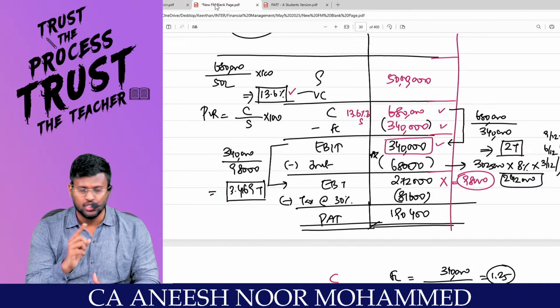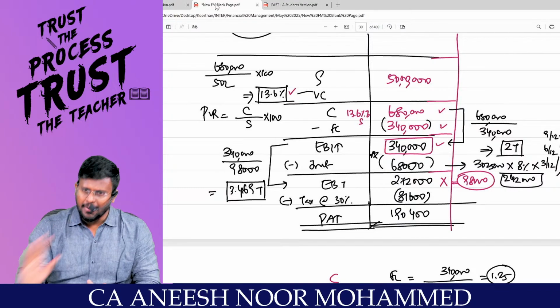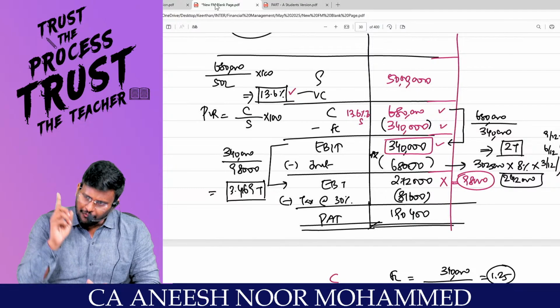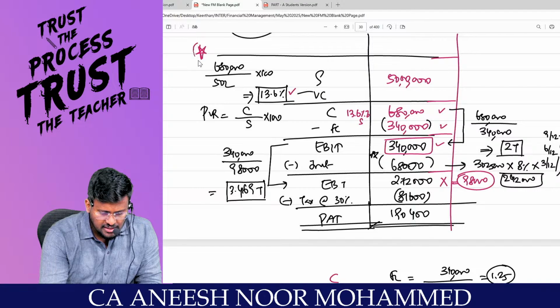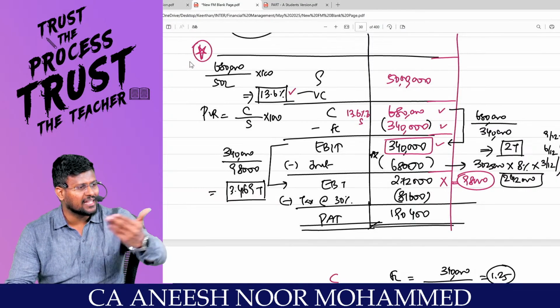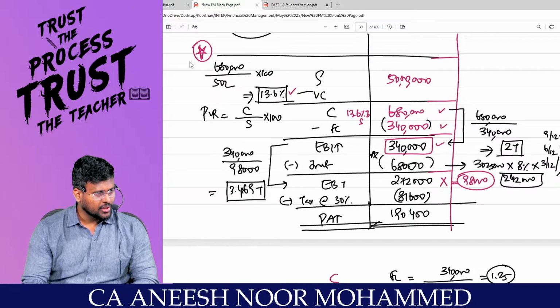What will match? Sir, one thing will not match. If you want both the financial leverage and operating leverage, this should be the answer. Sir, this is a contradictory answer to the ICAI. Are you able to think it?